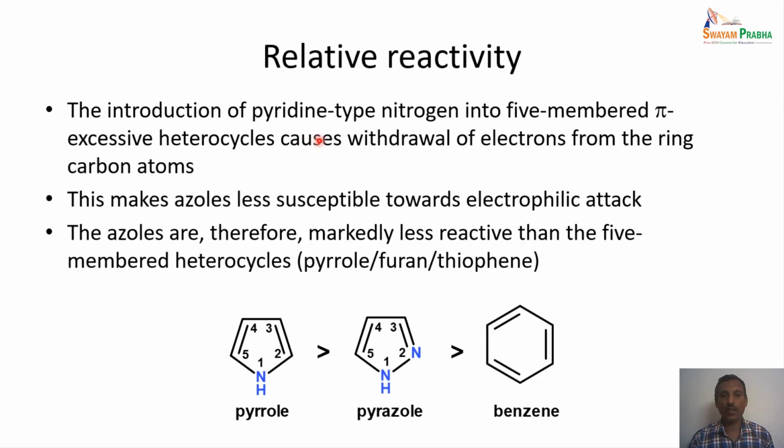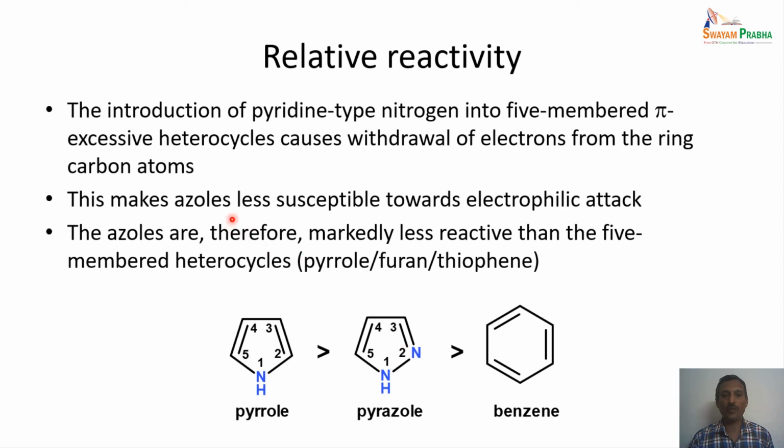And if you look at the relative reactivities, the introduction of the pyridine-like nitrogen as shown here into the 5-membered pi heterocycle causes withdrawal of electrons from the ring carbons. This is one of the reasons, because nitrogen is more electronegative than carbon, so it pulls the electron towards itself. In other words, it reduces the electron density present here.